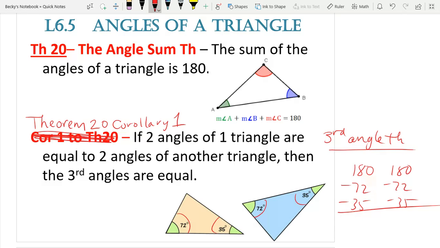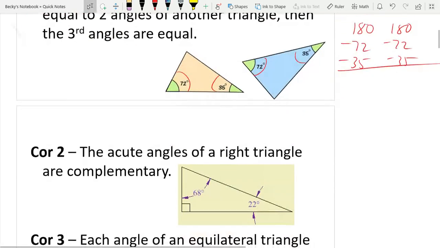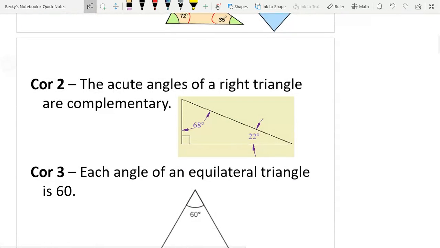So again, I think the reason he gave it a theorem number now is so we could reference this idea for the corollary. All right, so when you're trying to find that third angle, you can't just say subtraction. We have to reference theorem 20 corollary 1. Now there is a corollary 2 and 3.